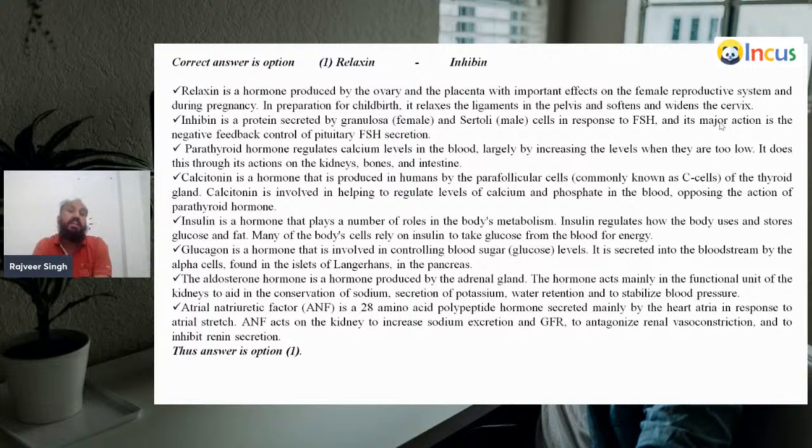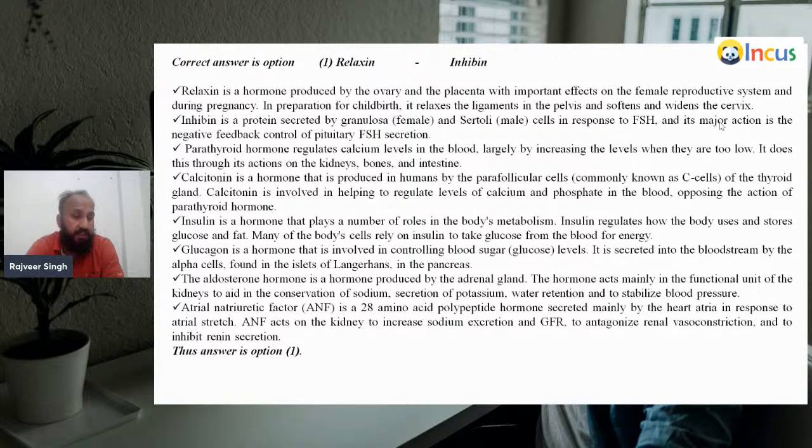Then, second last one: aldosterone is a hormone produced by the adrenal glands. The hormone acts mainly in the functional unit of the kidney to aid in the conservation of sodium, secretion of potassium, water retention, and to stabilize blood pressure.